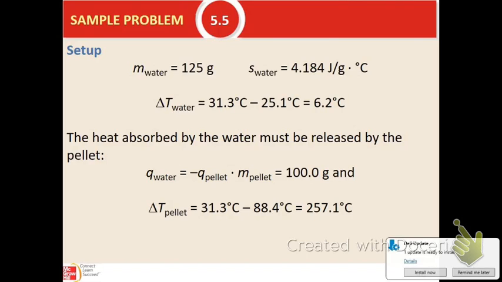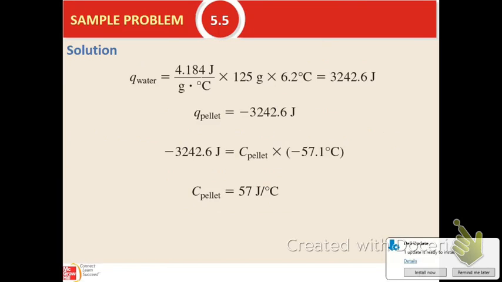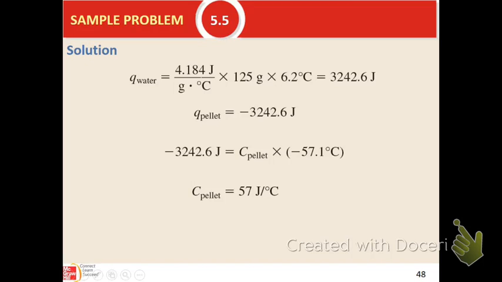We could find the heat absorbed, and we could then find the heat capacity of the pellet. Okay, we're looking for the joules per Celsius of the pellet, by setting that up.